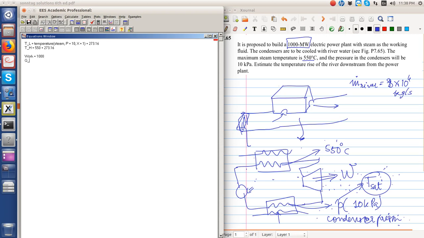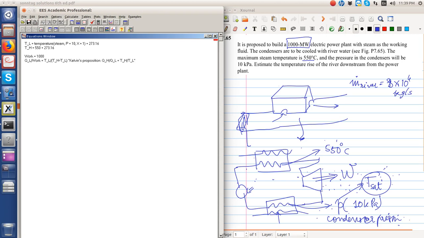So QL is to be found out. QL divided by the work is equal to TL divided by TH minus TL. This is as per Kelvin's proposition, that for a Carnot cycle QH by QL is equal to TH by TL.